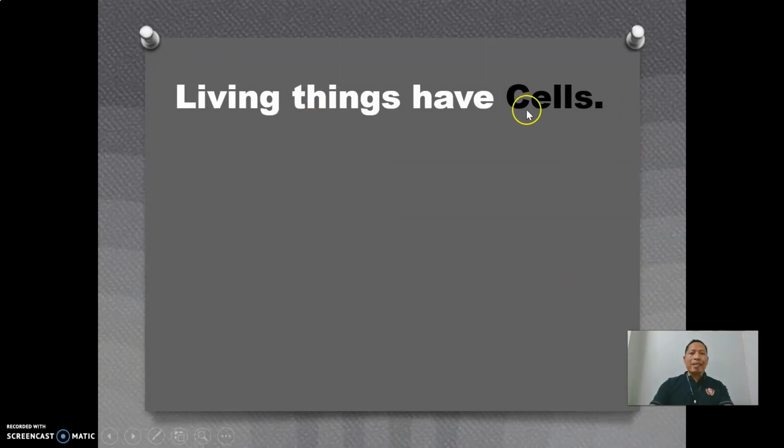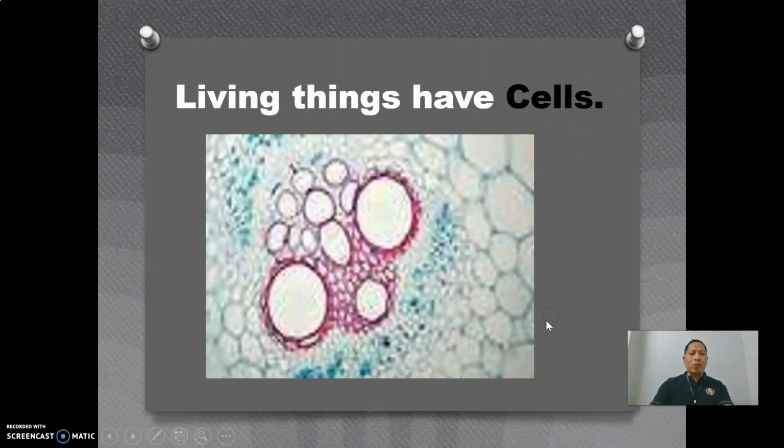What are cells? In our body, from head to toe, shoulder, everything, you have what are called cells. Our body is made of many cells.